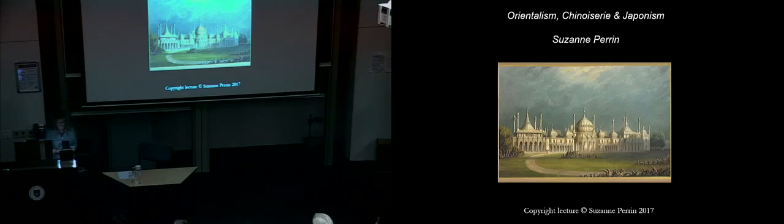So I thought it would be good to spend the first session today in just looking at these three particularly different strands before we focus exclusively on Japanese art and Japanism, which are two different strands of the same thing.